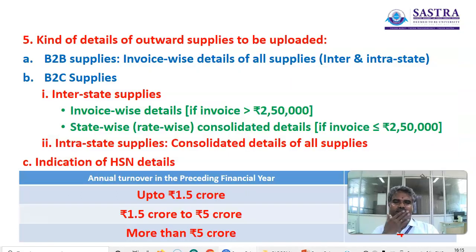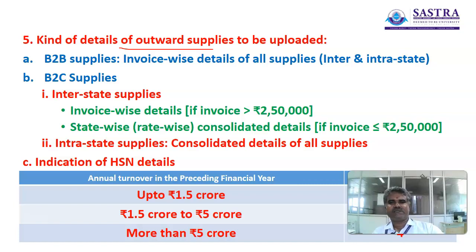And what are all the kinds of details of outward supplies to be uploaded?